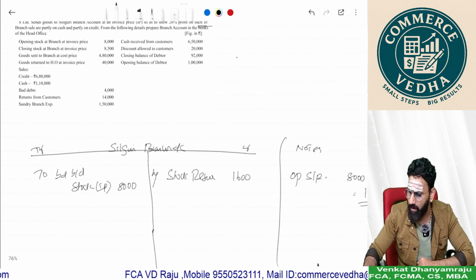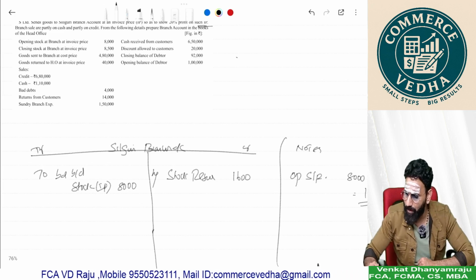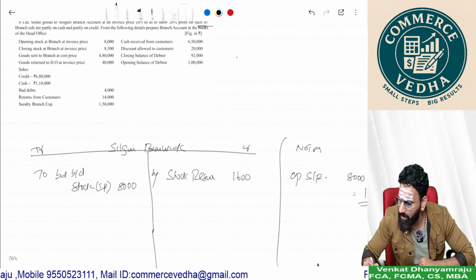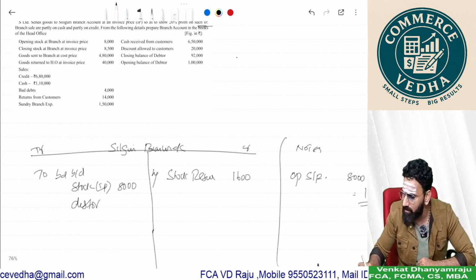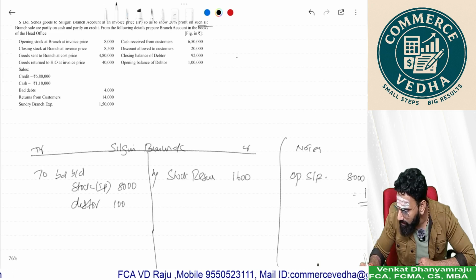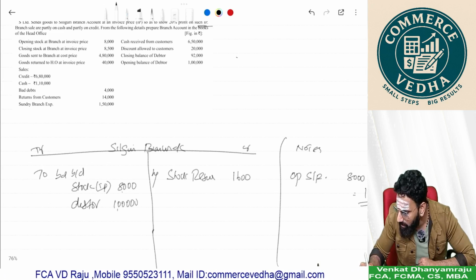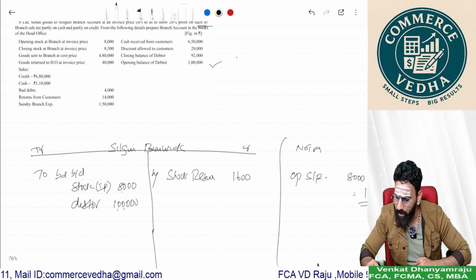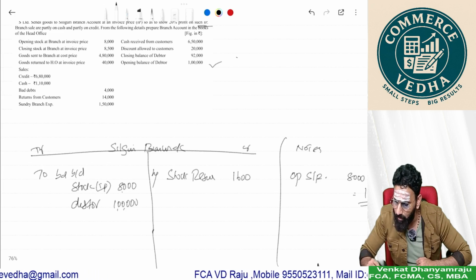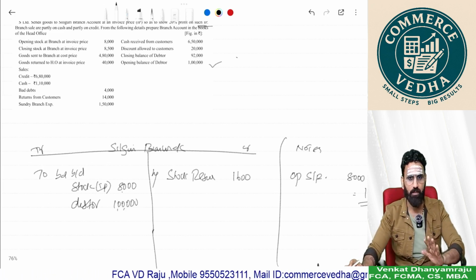The next one is opening stock at branch. Is there any opening debtors? Yes. So opening debtor, which is 1 lakh. Opening debtor is 1 lakh. Is there any opening cash? No opening cash in this question.